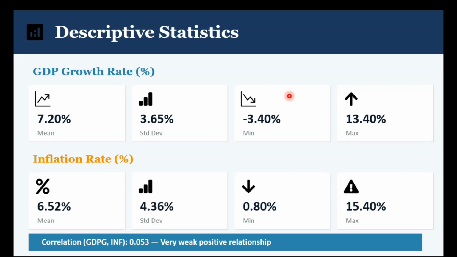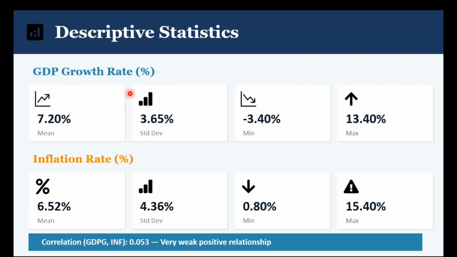The 13 is representing the highest the GDP has reached in terms of growth. Yes, the maximum GDP growth, 13%. This one is the volatility. It means the GDP can increase by 3 or decrease by 3.